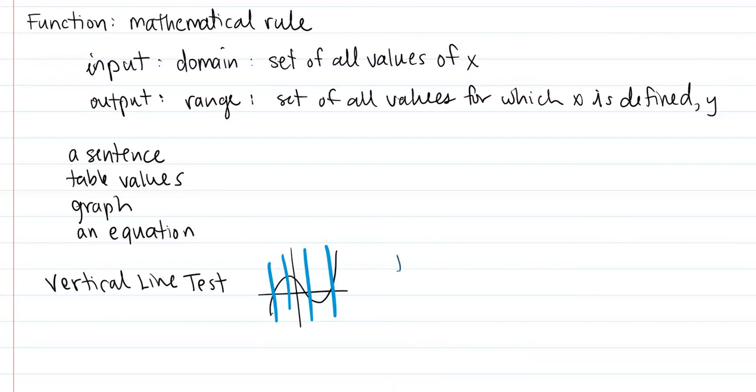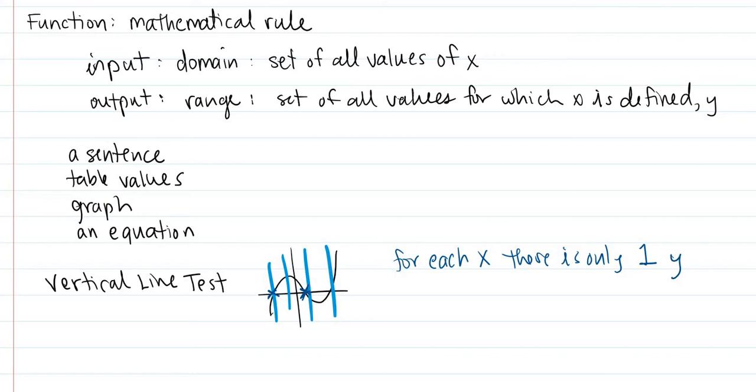That's because for each x, there is only one y value. So if I put in x equals -2 over there, I get a particular y value. If I put in x equals 1 over here, I get a particular y value.